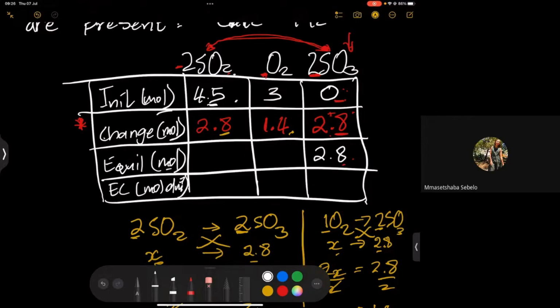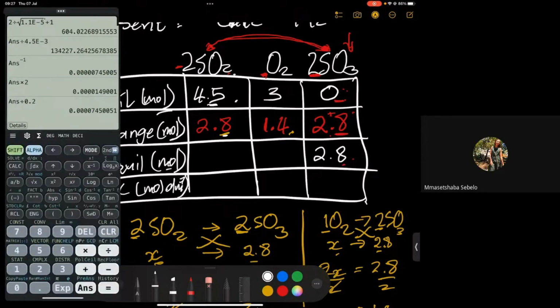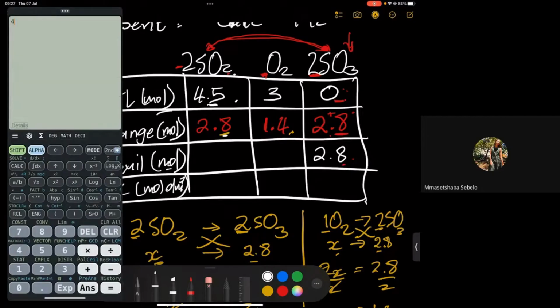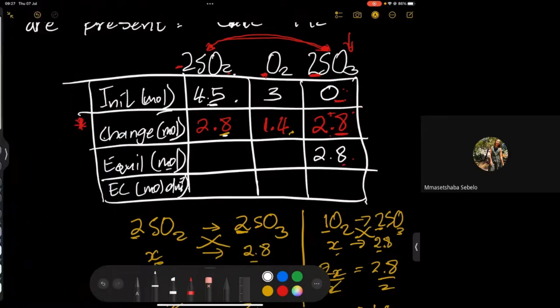So I start with 4.5. I use 2.8. How much would I have at equilibrium? Well, it's 4.5 minus 2.8. In this case, we'll be left with 1.7. So it means I'll have 1.7 of sulfur dioxide at equilibrium.